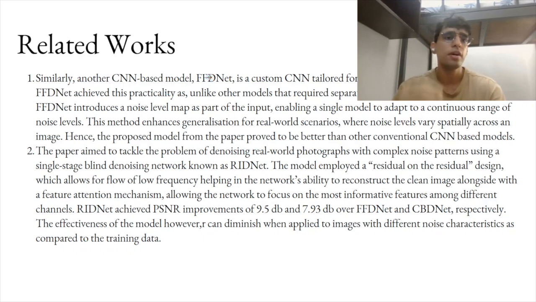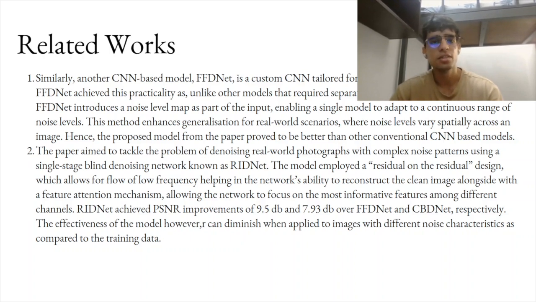So, similarly, we have taken another CNN-based model, FFDNet. It is a custom CNN model tailored for practical image denoising tasks. The FFDNet achieved this practicality as, unlike other models that required separate training for every noise intensity, FFDNet introduces a noise level map as a part of the input, enabling a single model to adapt to a continuous range of noise levels.